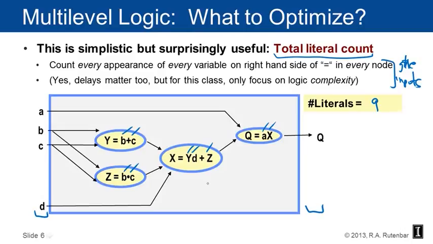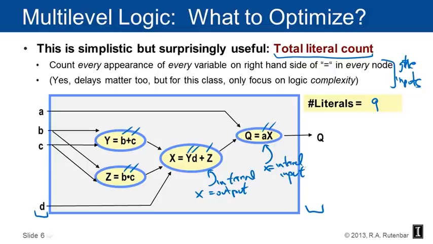And one of the things I will also remind you of is that if we were to look at the X node, X is an output. Now it's an internal output. Okay, and so I guess I should write that it is an internal output because it's created inside the Boolean logic network. But it is consumed over here in the Q node, and over here in the Q node, X is an internal input.